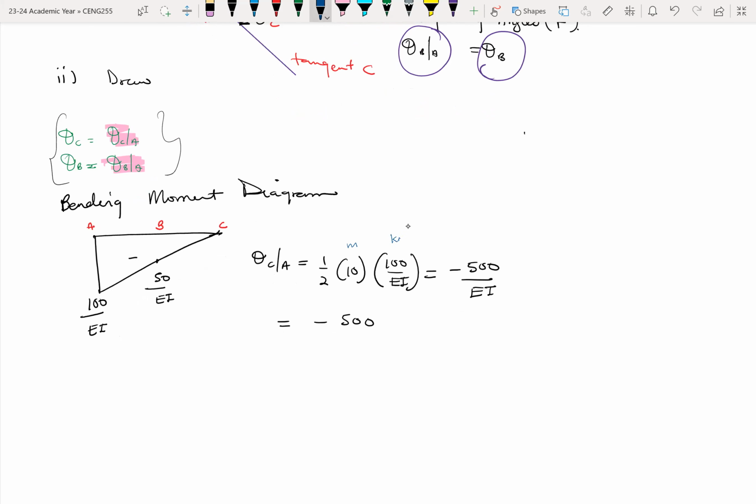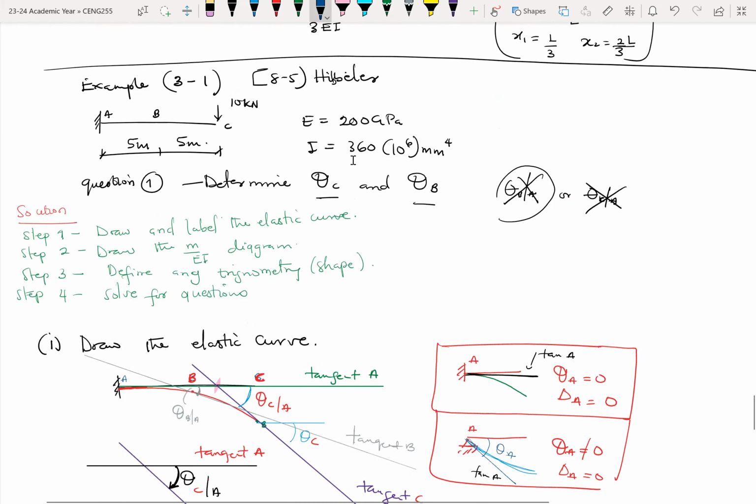This is in kilonewton meter over EI. The 100 is kilonewton meter, the 10 is meters, which is the length. So it means that your equations are already being analyzed in meters and kilonewtons, which means that your EI, which I have over here, should also be formulated in that manner, to make things easier for us.